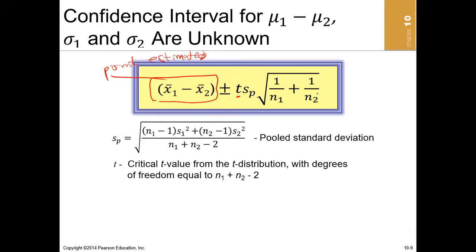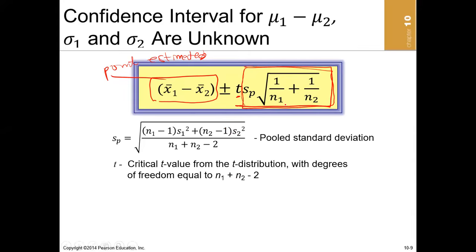Now, in this case, everything here becomes the standard error, okay?